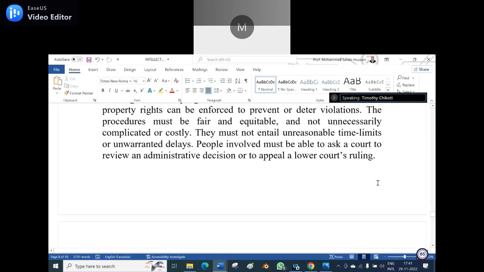Suppose the courts are giving the orders, but there is no enforcement. What will happen? The court decision becomes futile, useless. Am I right? So naturally, enforcement machinery should be strong. That is given in Part 3 of the TRIPS agreement to see that people should not violate somebody's intellectual property rights.